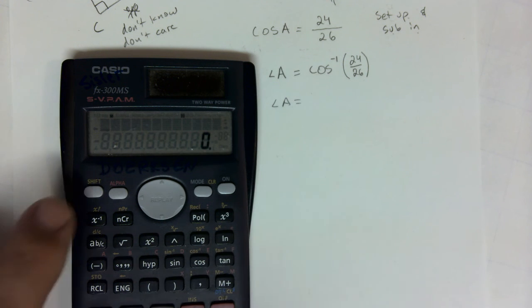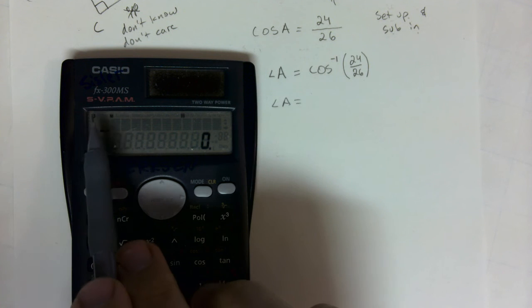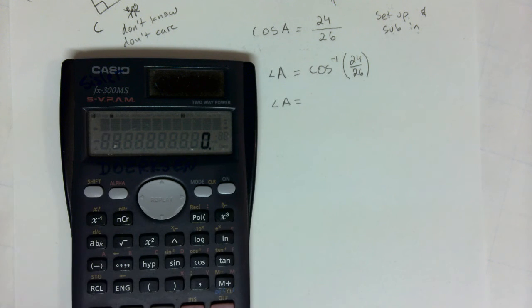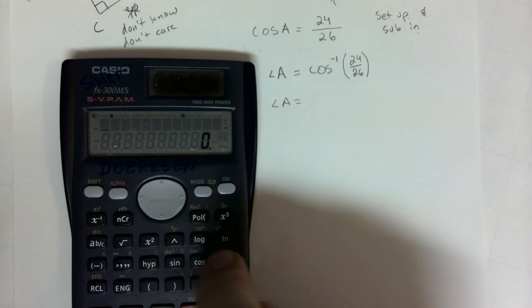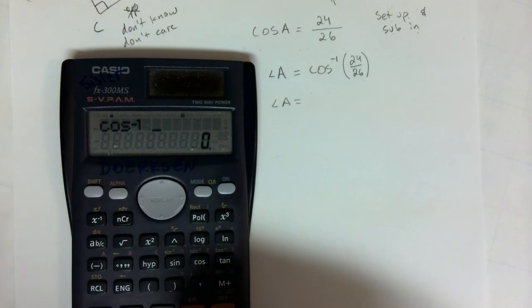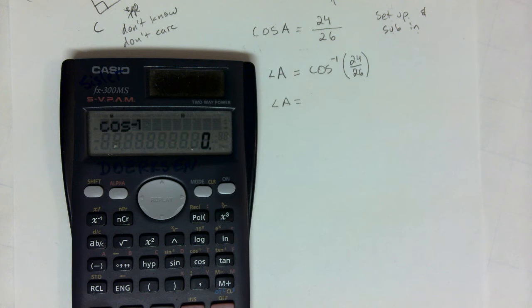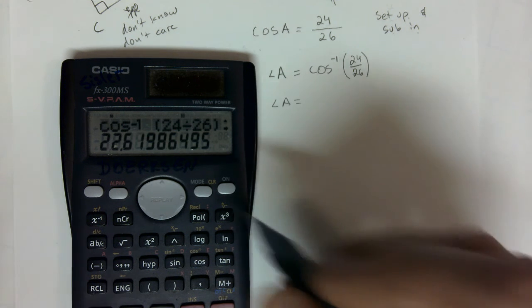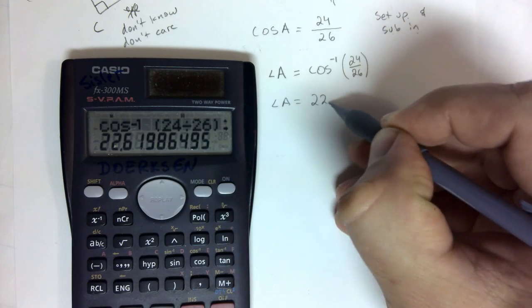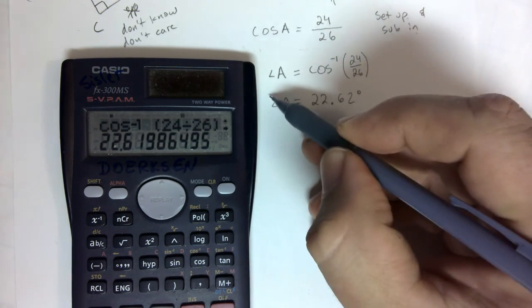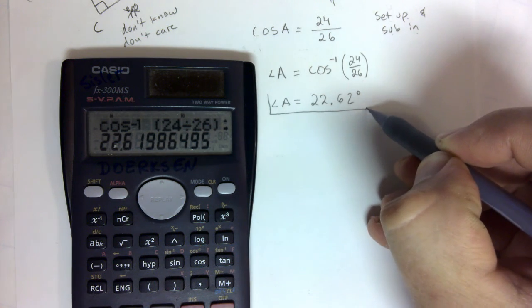I have to press that shift button, and as soon as I press it, that little S shows up, meaning you press shift, and then you have to pick one of these, and I have to pick cosine in this case. See how that inverse cosine shows up? I have brackets, so I can go bracket 24 divided by 26, close bracket, and then hit equal, and you get an angle there. And it is 22.62 degrees. That is your answer.